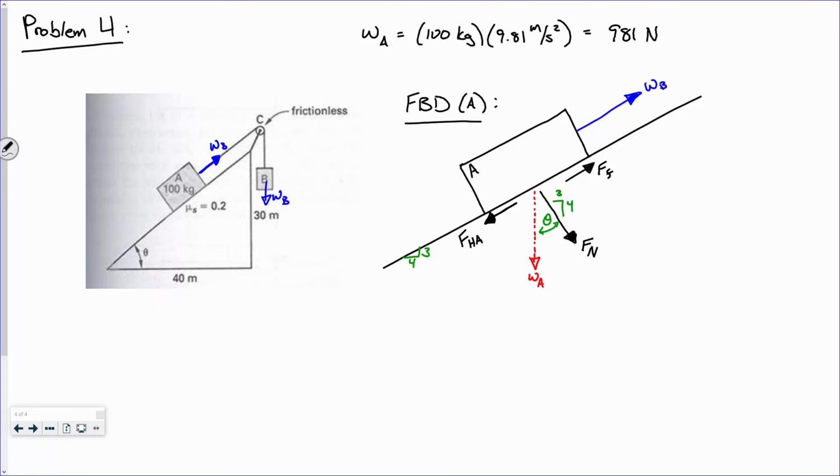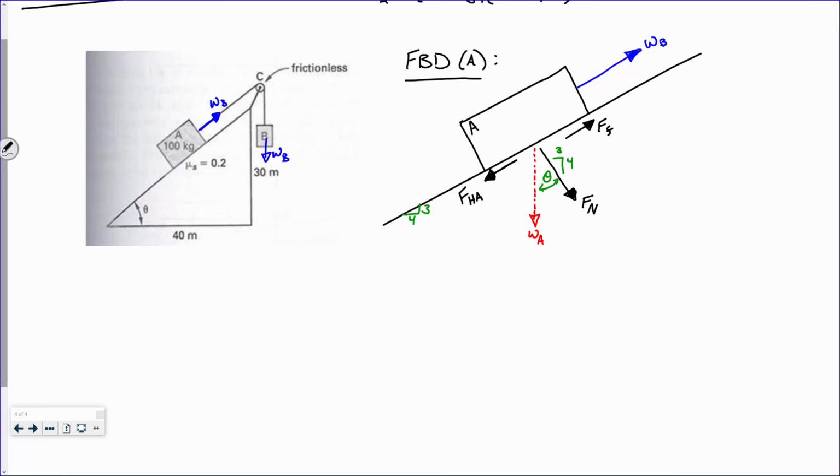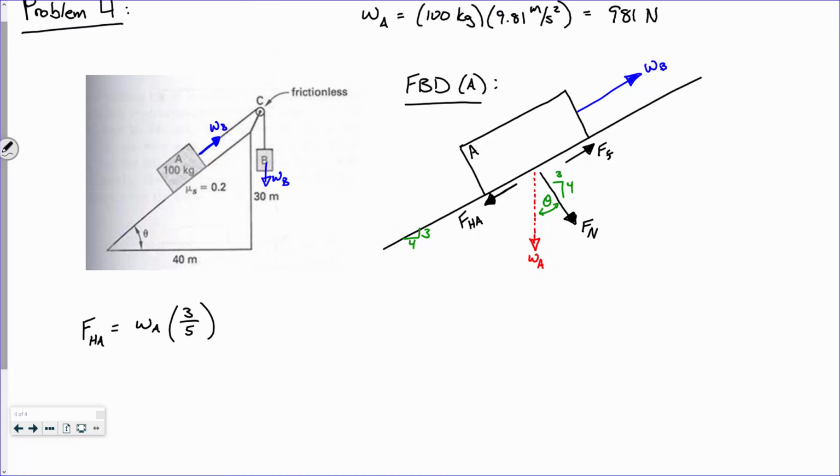All right. Now, let's deal with these horizontal and vertical components. Okay. Now, the horizontal component at A, we're going to say is the weight of A times 3/5. Now, why am I getting that? Well, you can just sort of think of this. I've got this block sitting on this incline.